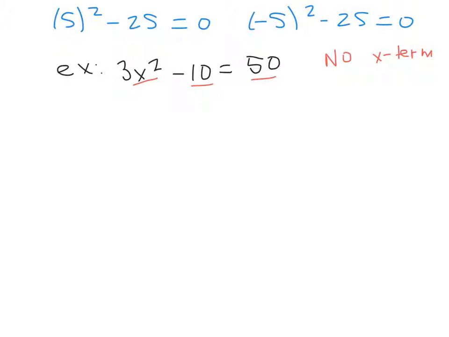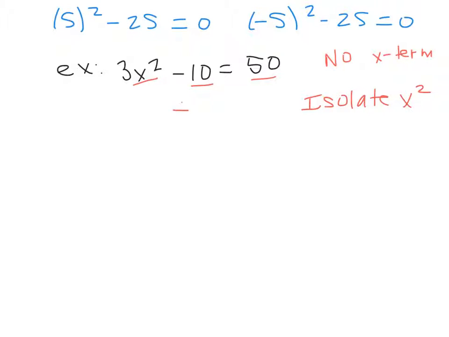We don't have like 3x or negative 5x. So that's the key to being able to use the square root principle. Now, we do need to get it so that it's just x squared equal to some value. So we want to isolate the x squared.